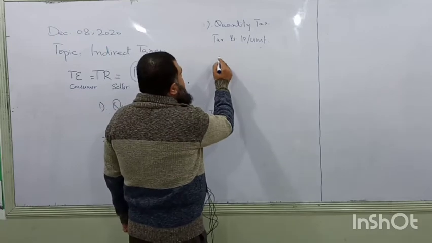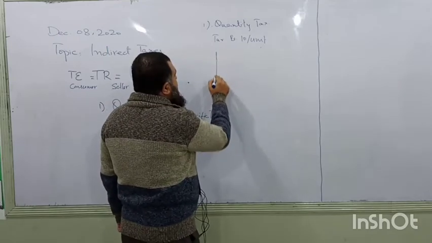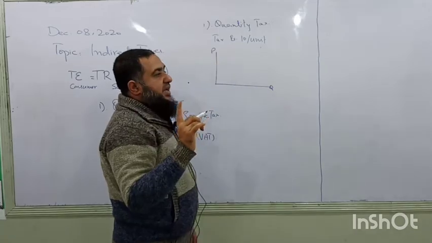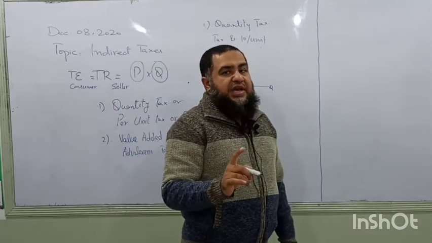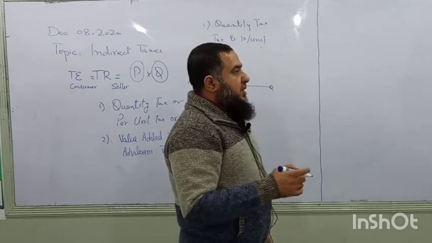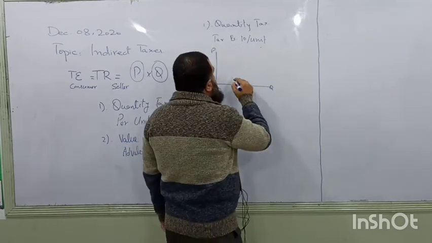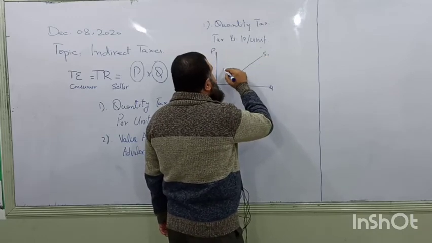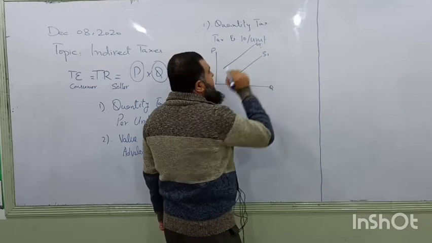Here, when tax is imposed on the production of the goods, it is the same as an increase in the cost of production. As the cost increases, supply will shift leftward. So when tax is imposed, what happens? Supply will shift leftward.